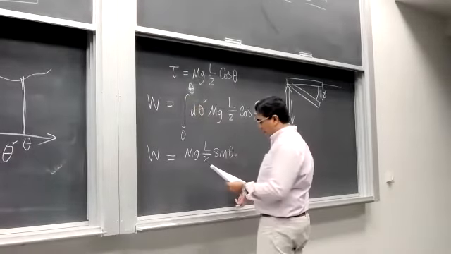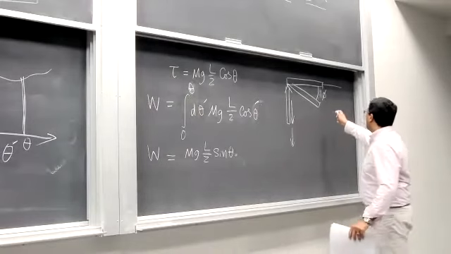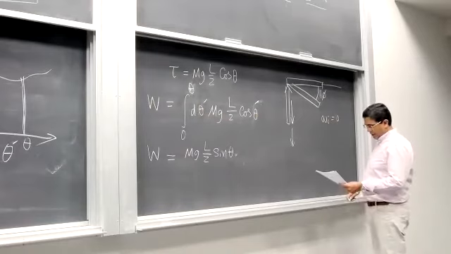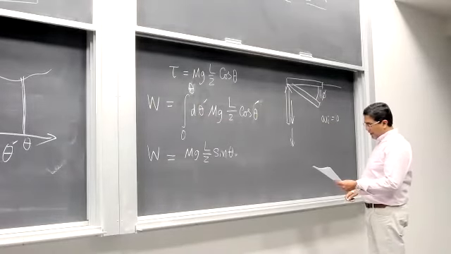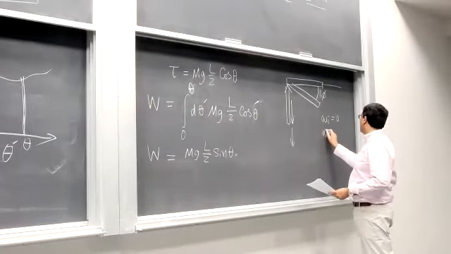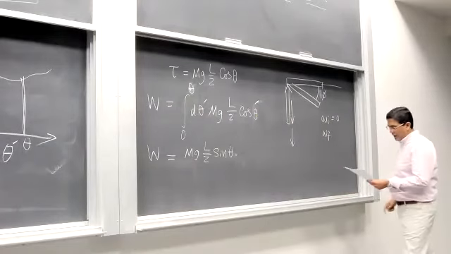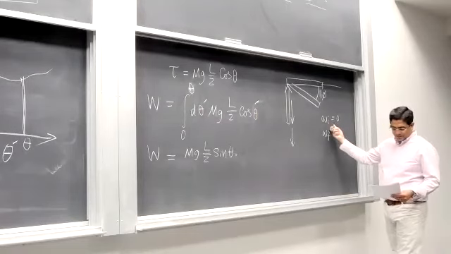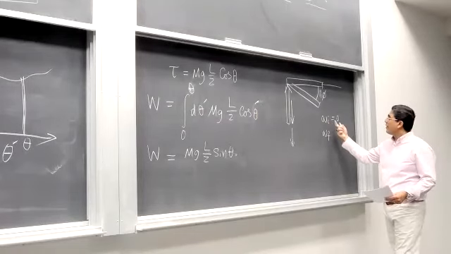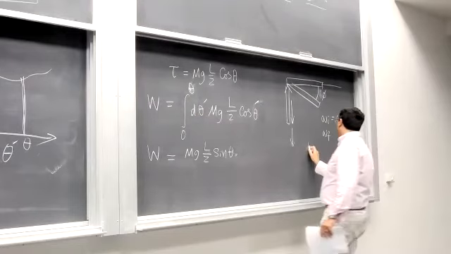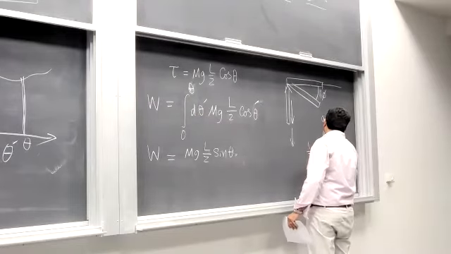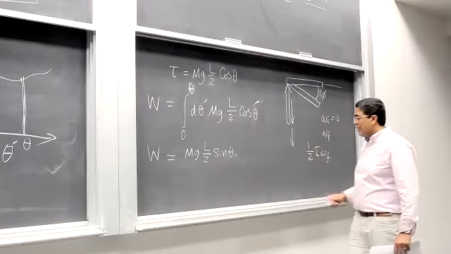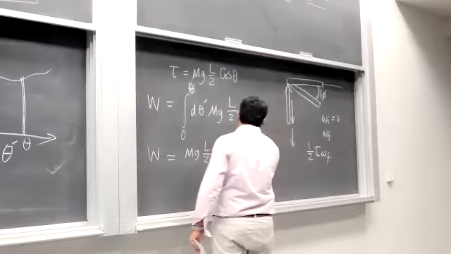Okay, then from the work energy theorem, the initial omega i is 0, and the final angular velocity is, let's say, omega f. So what would be the change in kinetic energy then? The change in kinetic energy would be half I omega f squared, and the change in kinetic energy is equal to the work done.